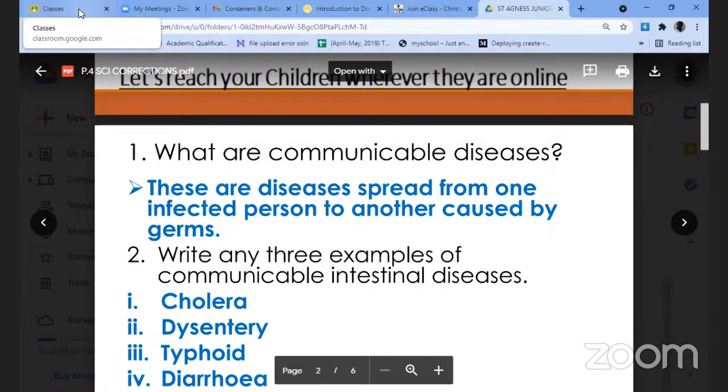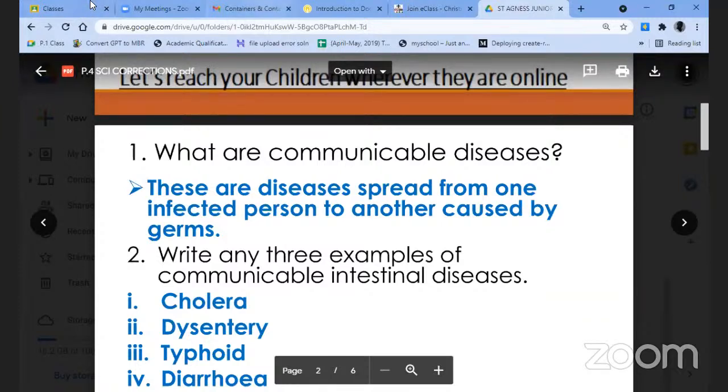There are two things you need to understand from this point. There is the word spread, which most of you were saying these are diseases caused from one person to another. You cannot use the word cause. Here we are saying it is spread, meaning it is spread by some vectors. There are some disease carriers that take them. So that is what is meant by communicable disease. Now, Deborah has given us an example of intestinal.